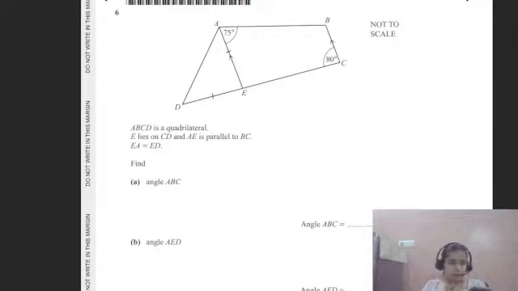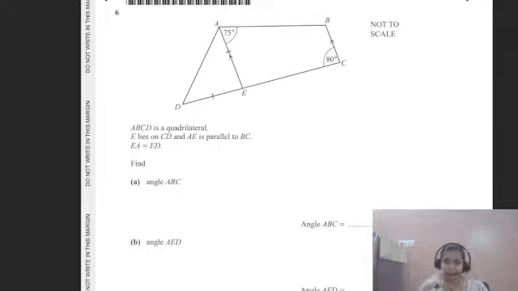Coming to the next question, sixth one. It says ABCD is a quadrilateral. E lies on CD. And AE is parallel to BC. And EA is equal to ED. So that's an isosceles triangle.